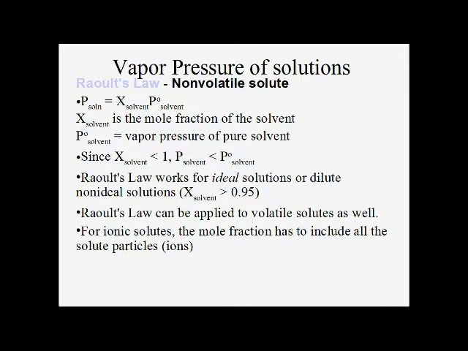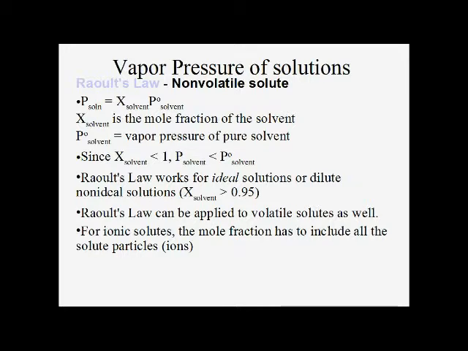If we are doing an ionic solid, we will have to use the mole fraction of the ions as part of the total solution. This relationship, we call an ideal relationship. There's no corrective fudge factors in the relationship.